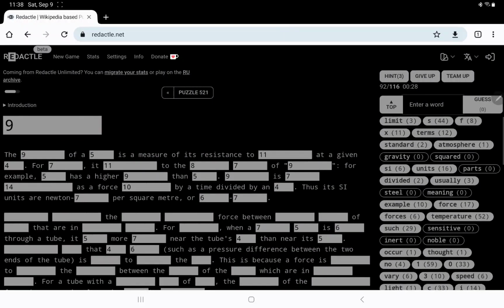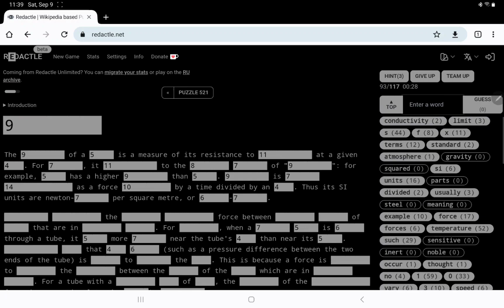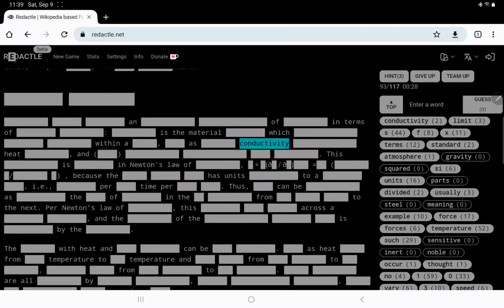Let's maybe try and think of some other. Could it be conductivity? We do have 2 of those. Not that we've done such, but blank is 7, conductivity 13, heat 9.